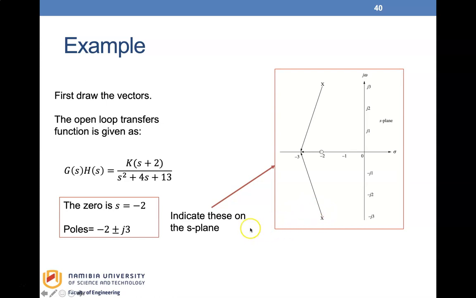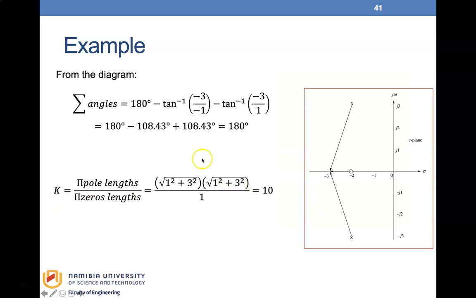And from the vectors, we check for the angle condition, which is that the sum of angles is equal to 180 degrees minus tan inverse of -3 over -1 multiplied by tan inverse of -3 over 1, which comes down to 180 degrees. Hence, the angle condition is met.